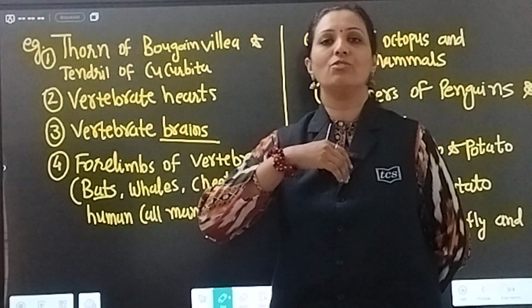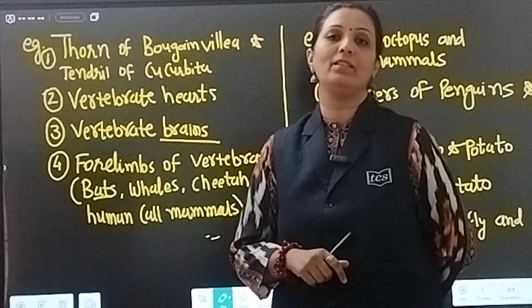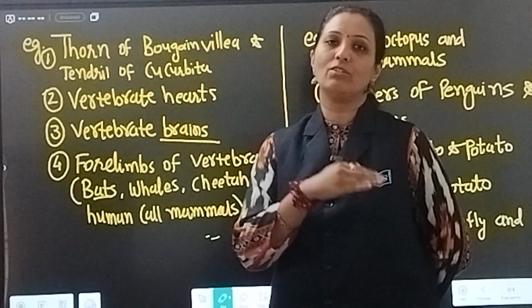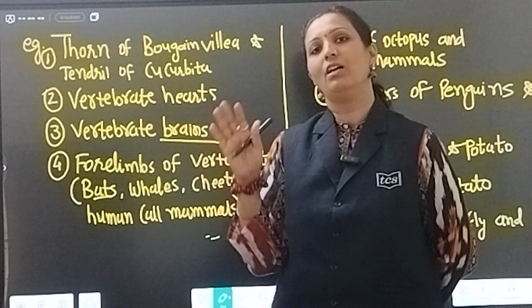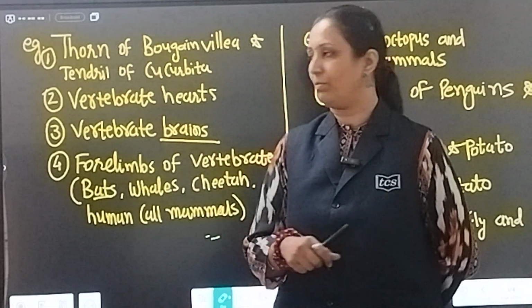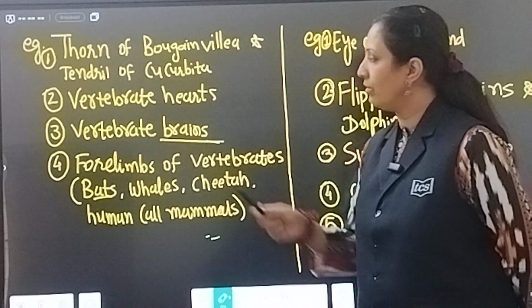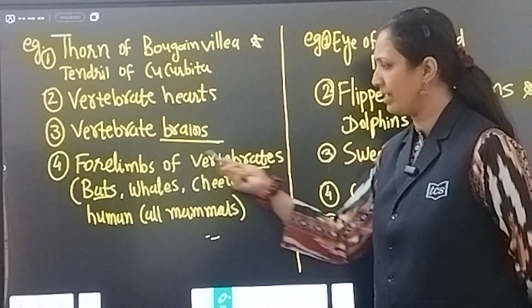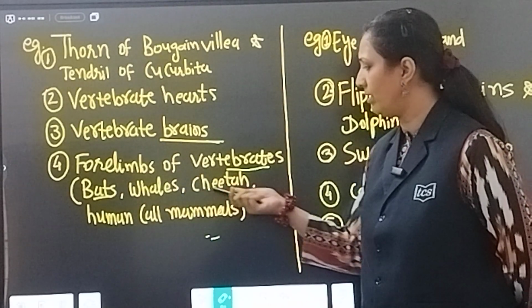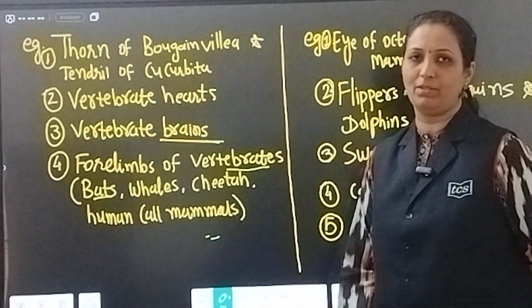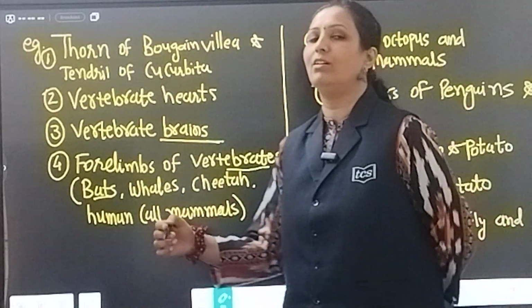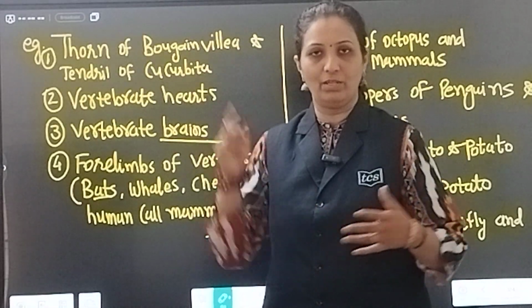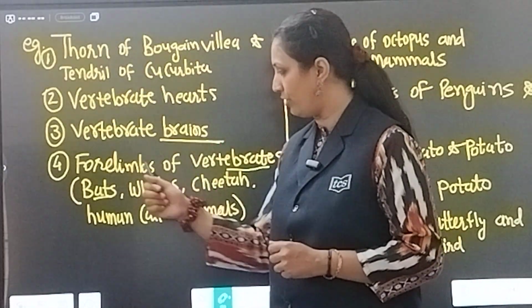In the case of fishes, the heart pumps only deoxygenated blood. In the case of a three-chamber heart, mixed blood, and in a four-chamber heart, oxygenated blood. The same you can say for vertebrate brains. Next, the forelimbs of vertebrates, examples mentioned in your book: bat, whale, cheetah, human, even all mammals. We have learned the bones present in our limbs in 11th, in the locomotion and movement chapter.